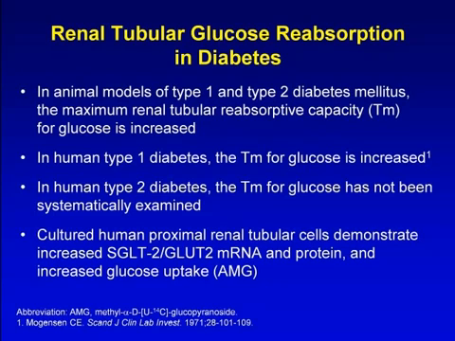In human type 1 diabetes, the maximum reabsorptive capacity for glucose is increased. In type 2, we assume it is increased, but it has not been systematically examined. The mRNA expression of SGLT2 in renal tubular cells has also been shown to be increased, along with the increased reuptake of labeled glucose.